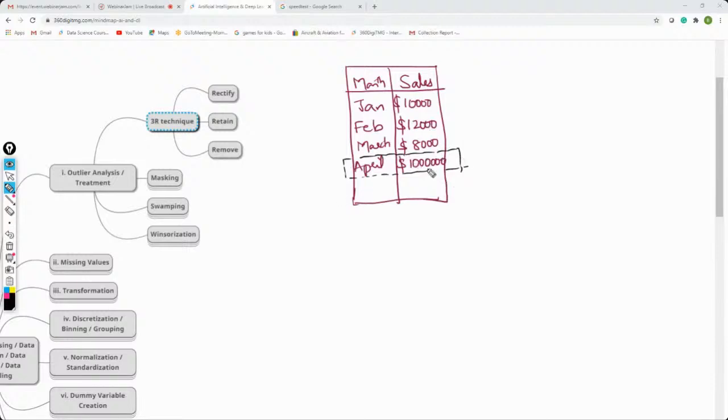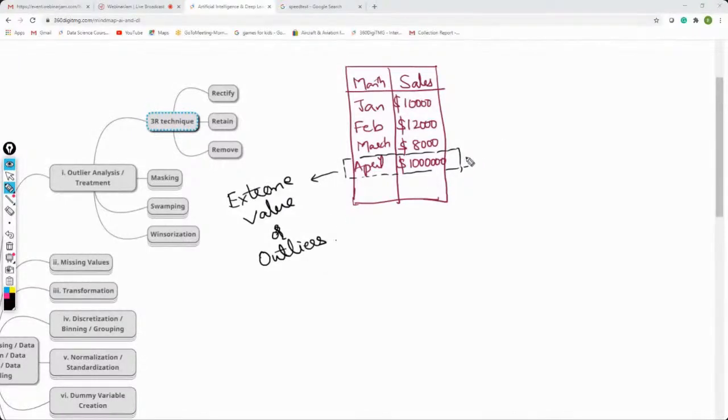These kind of numbers which are extremely large or extremely small in comparison to the other data are called extreme values or outliers. The question is, what do you do with such outliers?